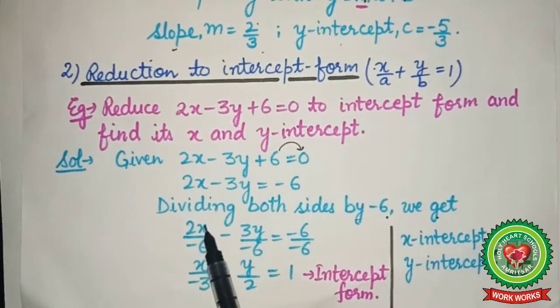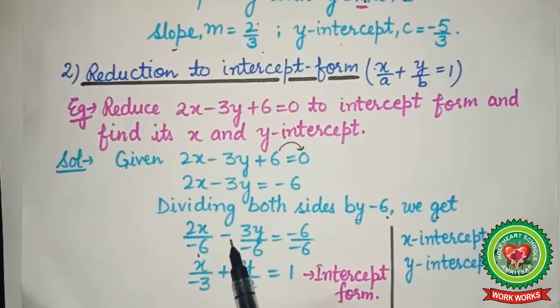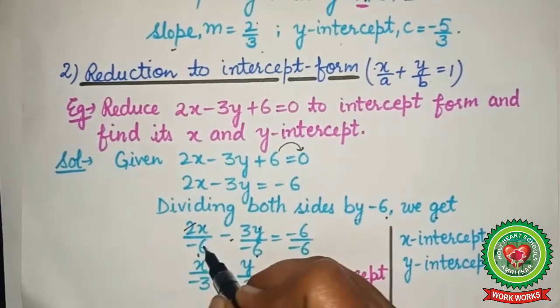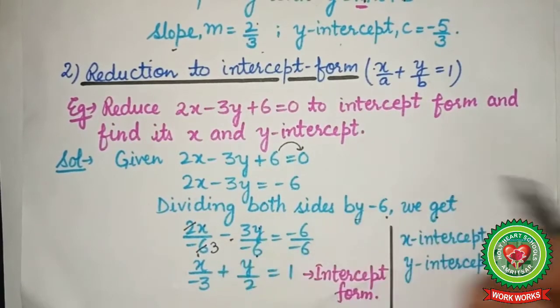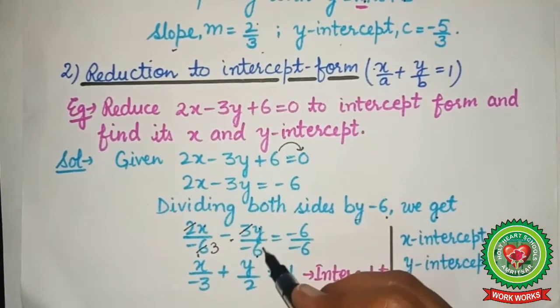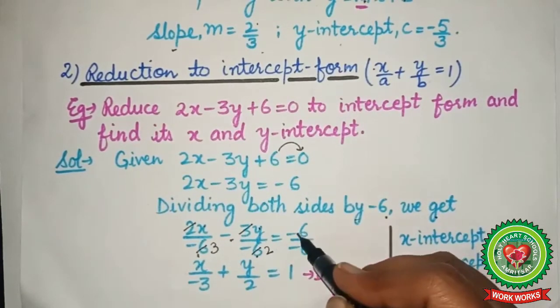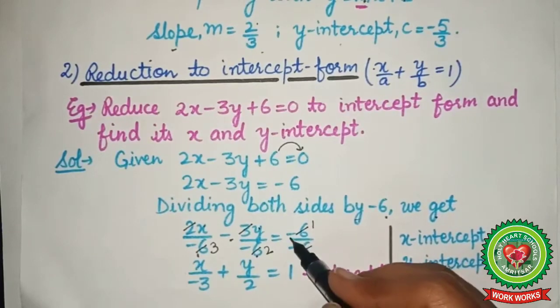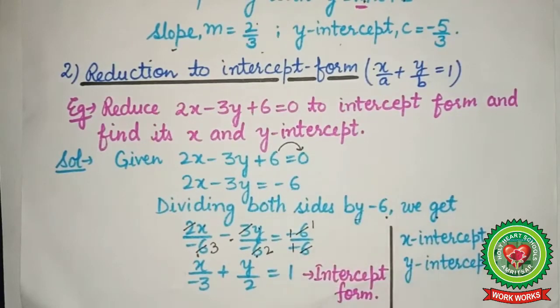We get 2x upon minus 6 minus 3y upon minus 6 equal to minus 6 upon minus 6. Here cutting is possible, so do the cutting. 2 3s are 6, here 3 2s are 6 and here 6 1s are 6. Minus cancels with minus. So we are left with x upon minus 3 plus y upon 2 is equal to 1.